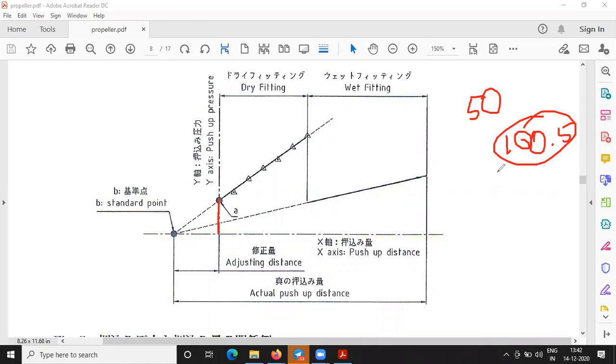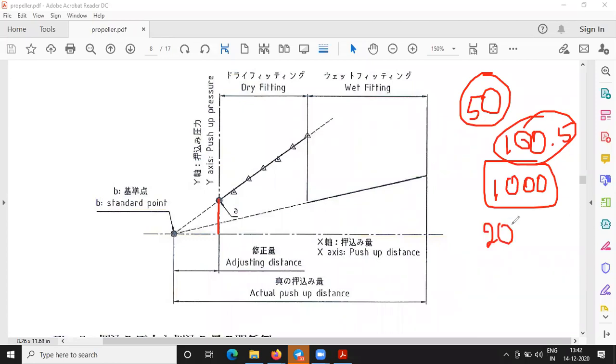Similarly, if to move 1 mm I have to give 1000 tons, when I apply 50 tons, what will be the deflection? 20th times of the 1 centimeter, which is very, very hard to calculate.